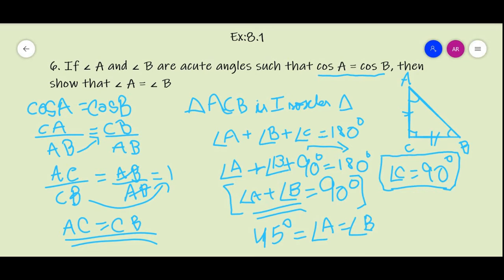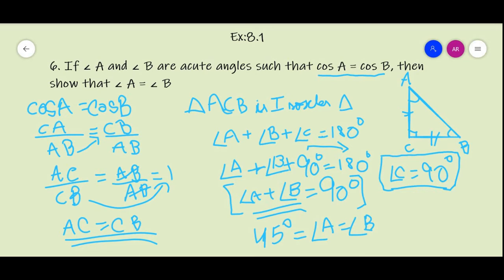As this is an isosceles triangle, two angles are going to be equal, and as one angle was already 90 degrees, the sum of the other two will be 180 degrees minus 90, so it is 90 itself. So only those two angles can be equal, nothing else can be equal, and they are going to be 45 degrees each. So angle A is equal to angle B, and if you want to find out, it's going to be 45 degrees. That's it.